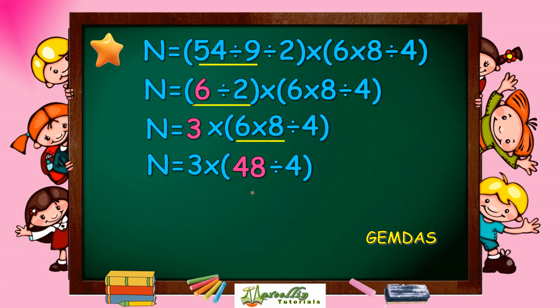Now we still have numbers inside the parentheses, so that is 48 divided by 4. Let's copy the 3 times on the left and let's multiply it with the result of 48 divided by 4, which is 12. Then we have now 3 times 12, 36 is our final answer.